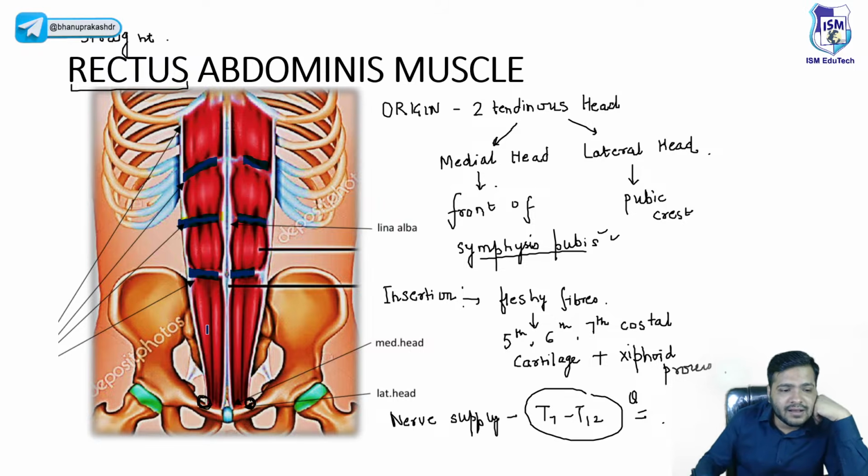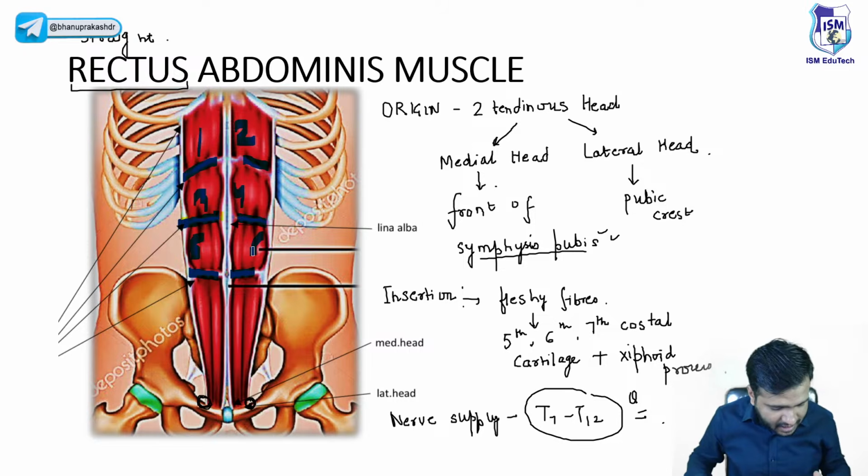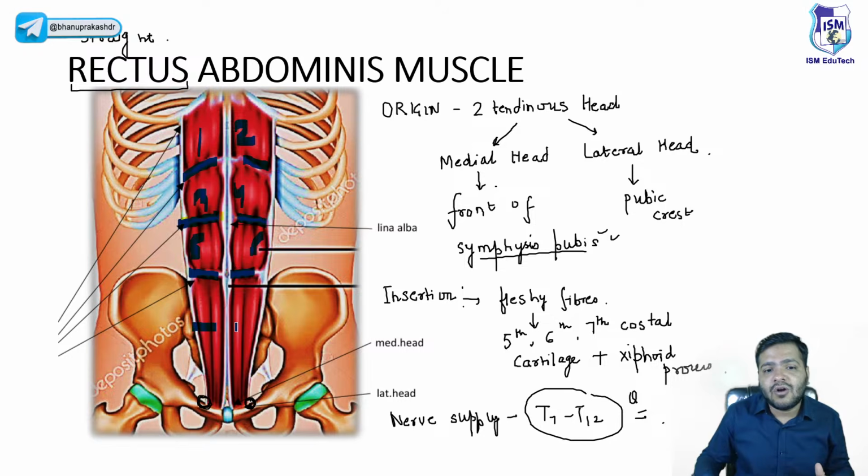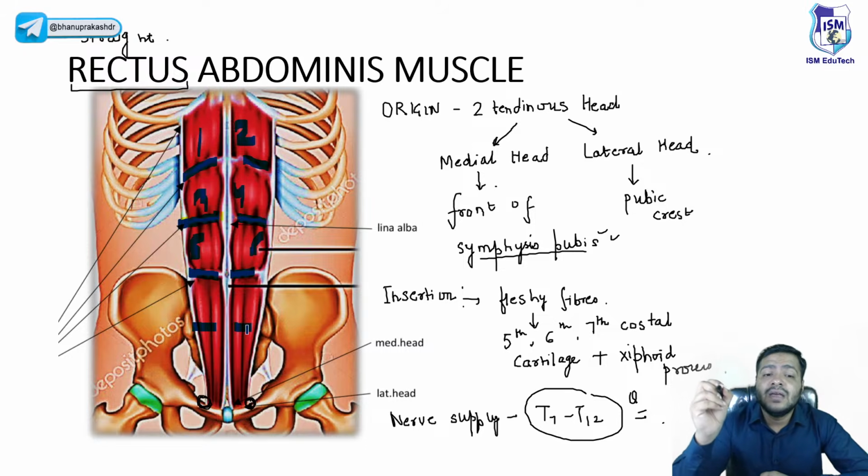They are already 3 pairs, right? आपने 6 pack तो सबके सुने होंगे, 1 2 3 4 5 6. But the thing is बेटा, if the fourth tendinous intersection is incomplete or absent, that person can never have 8 packs in his whole life, even though वो कितनी ही जिम कर ले. ये anatomy के according है, तो we'll just go with the anatomical parts.